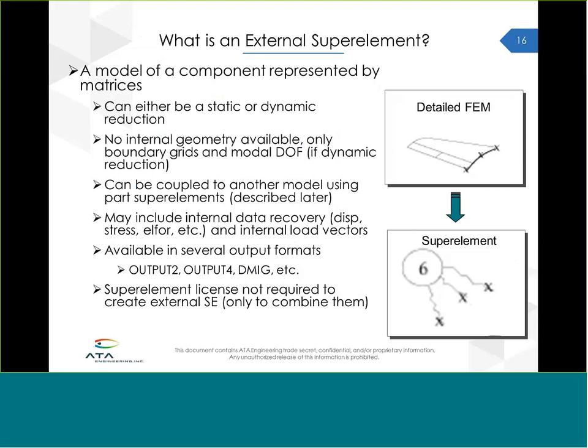You can take this external superelement, and you can attach it to another structure using part superelements, and I'll talk more about that in a moment. You can include data recovery. So just because you're reducing those out does not mean that you cannot extract output. So if I'm interested in, let's say, the torque on one of these control rods, while you're doing the reduction, you could just ask for a spring force or a bar force.